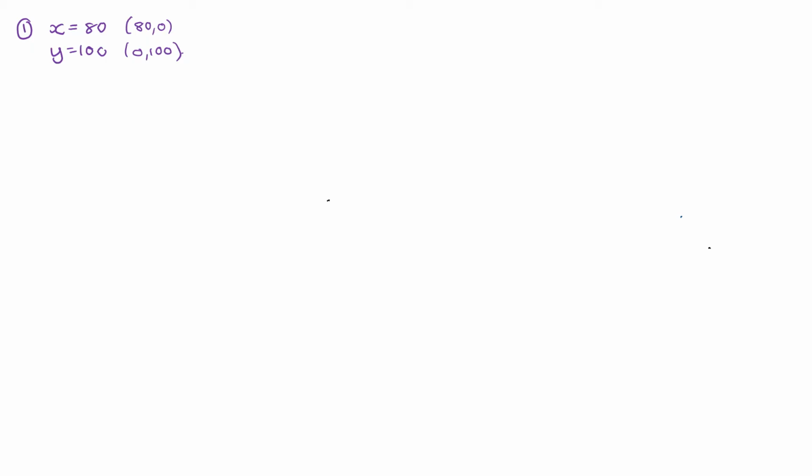We also want to add in the second constraint. Remember it had an x-intercept of 120 and a y-intercept of 90. That's point 120, 0, and then point 0, 90.